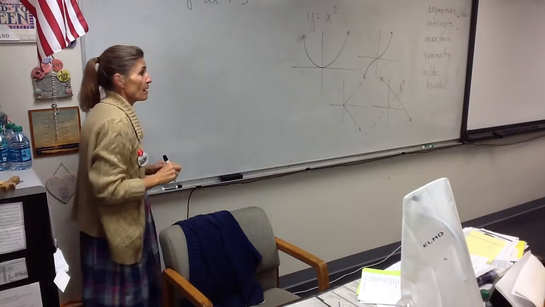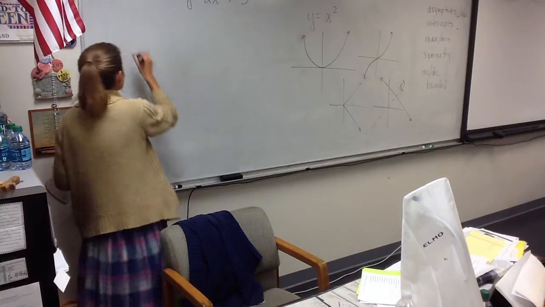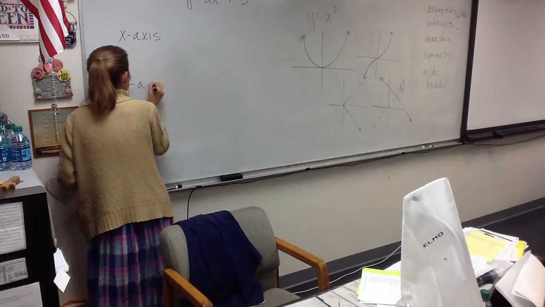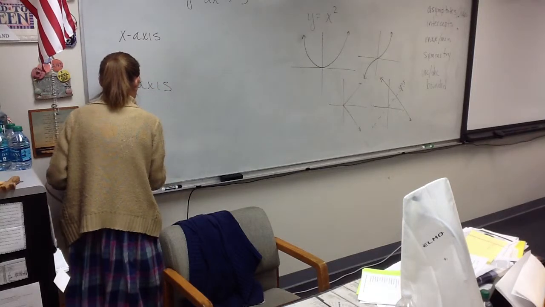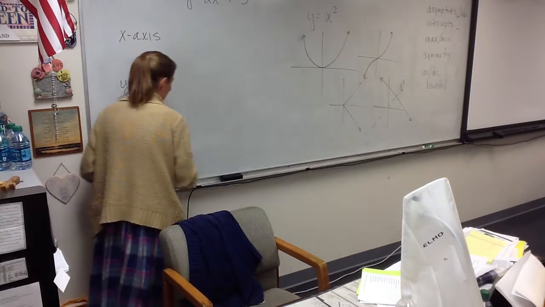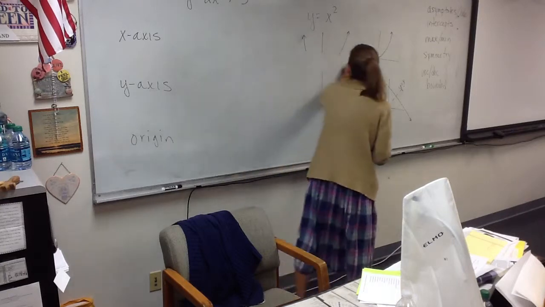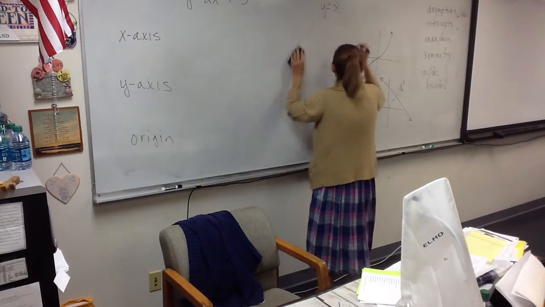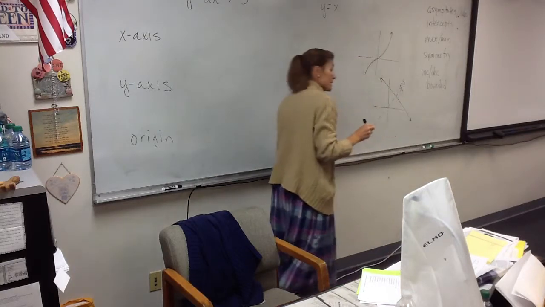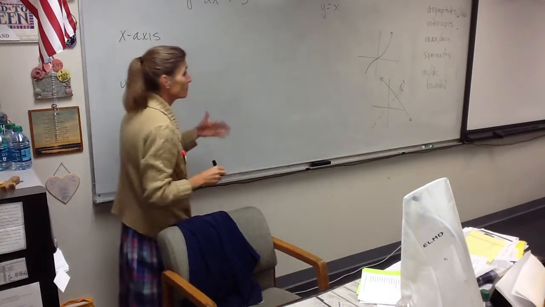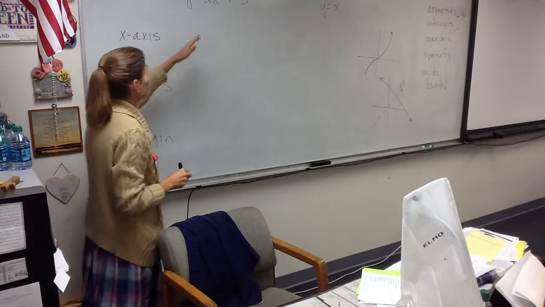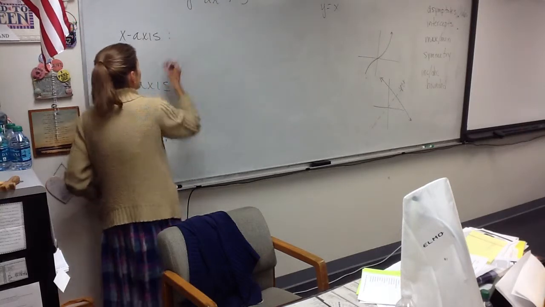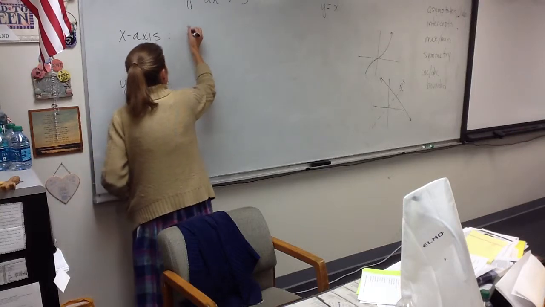All right, so we'll see what happens here. We're going to test for symmetry about the x-axis, the y-axis, the origin, and the identity line. Now, the tests are the same from problem to problem, but it'll look different because we're using this particular equation. So here's the test of symmetry for the x-axis.